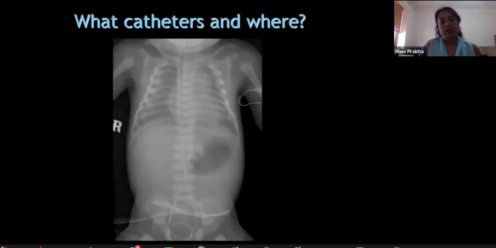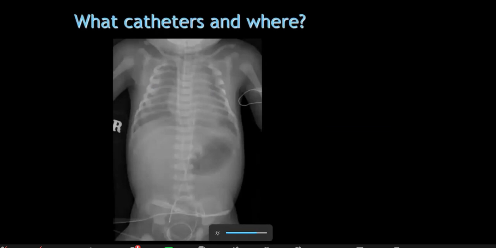Okay, first case for you, candidate 2. Okay, so I'm provided with the babygram in which I can see multiple lines and tubes. First of all, I can see the endotracheal tube, which is slightly downwards, and it's at the level of T4. So I will ask the emergency team to retract it and put it up.